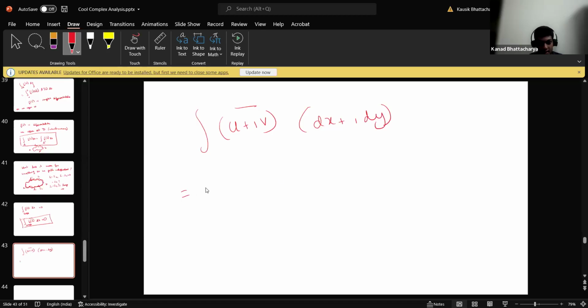If you expand this, what we get is the integral of u dx plus v dy... just what am I doing actually? Am I messing it up? Just give me a moment. Okay, I think I'm doing it correctly.